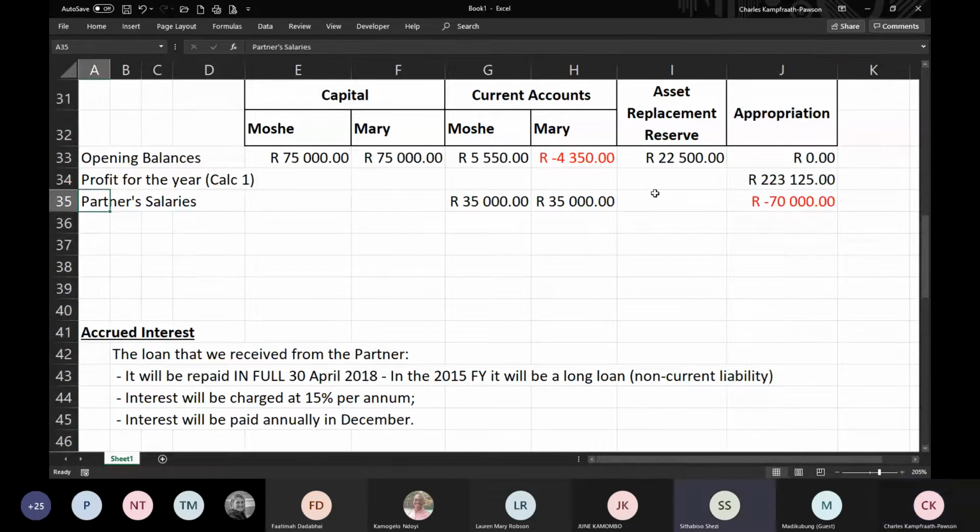Sorry, Charles. Yes, Sitabiso. I just want to find out about note 3.4 about the salary. Now that they pay during the year, is it not, they no longer fall under drawings? Just repeat your question for me. I can't hear you clearly.